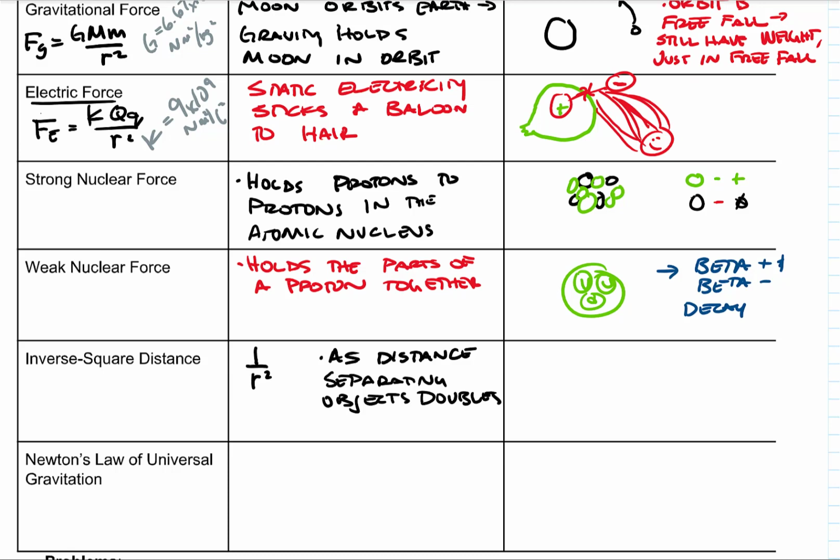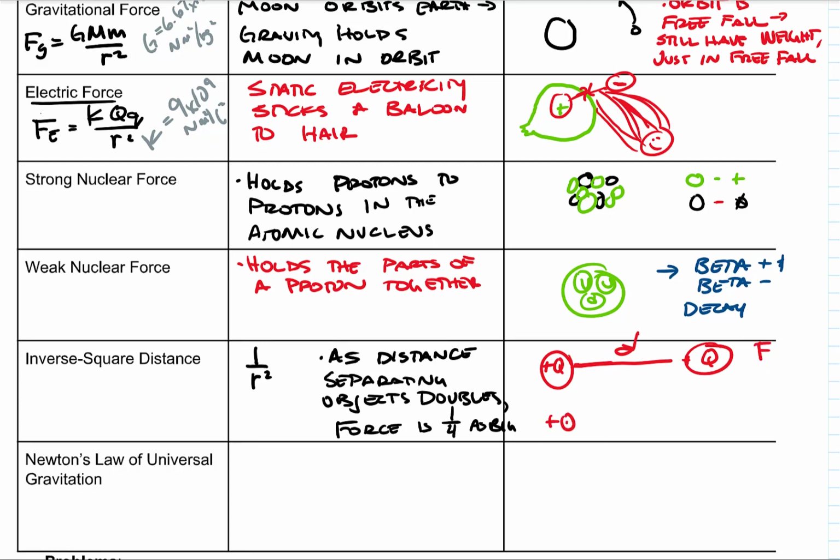As distance separating objects doubles, the force is 1/4 as big. Another way of looking at it is if you have a mass here. Well, this also works with charge. So let's say you have a positive charge here and another positive charge here, a distance of d apart, and say that force is F.